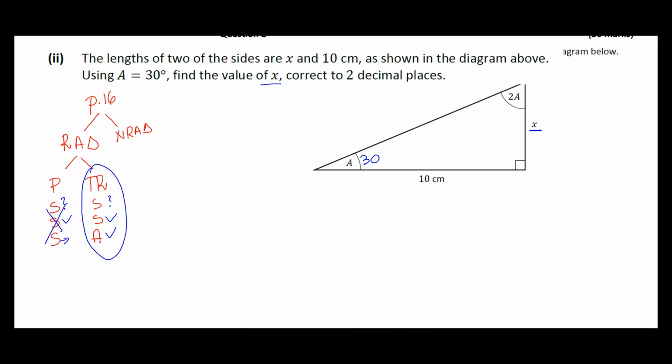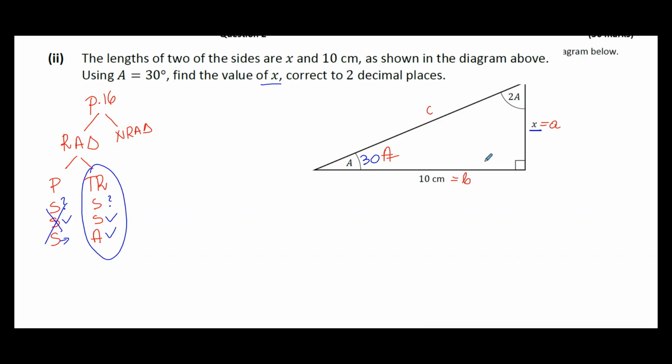So in our triangle, that's the angle we are considering, therefore that's going to be capital A, and the side opposite is going to be small a. This is the right angle, therefore the side opposite is c. So that leaves us with b.